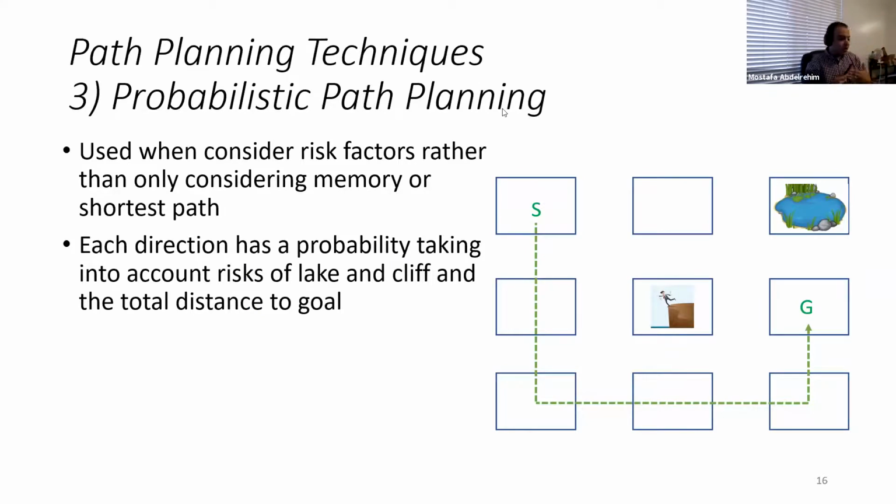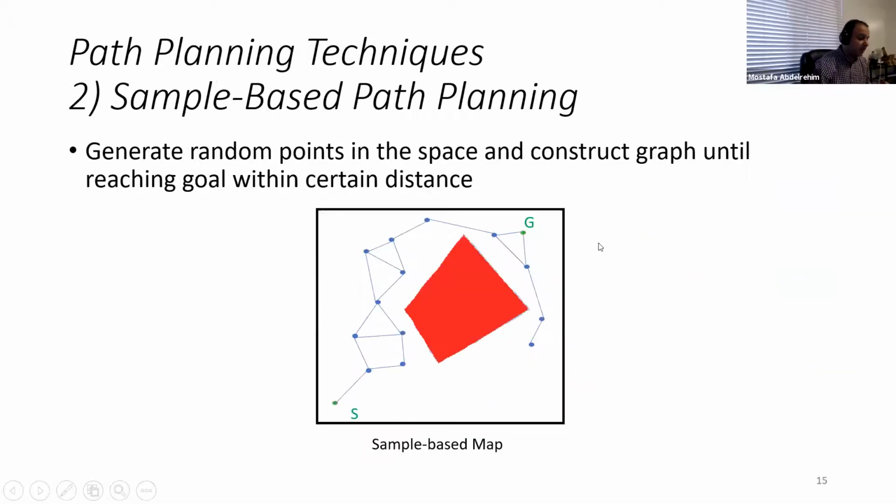The third type or technique of path planning is called probabilistic path planning. Now, when you build a graph like the one we just saw in the previous slide, and you want to know the path between the source and the destination, you just run a very simple graph search algorithm.